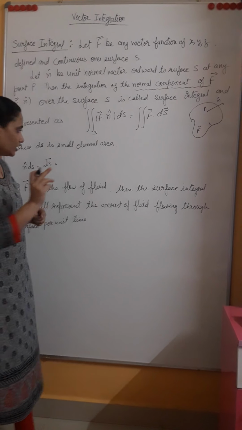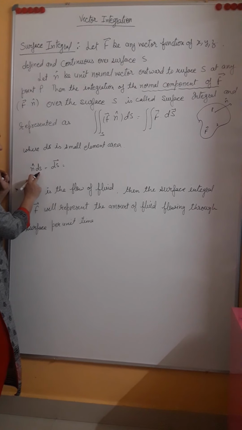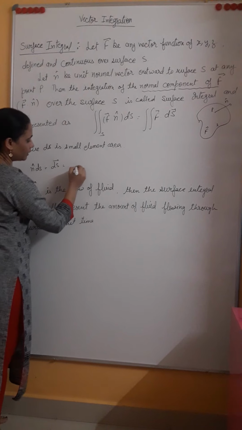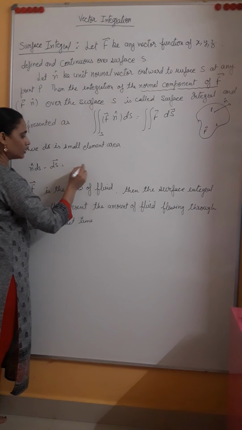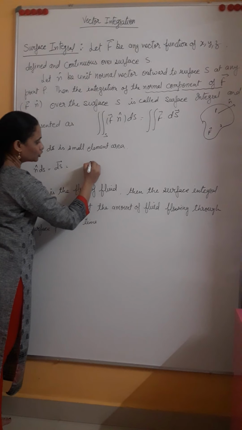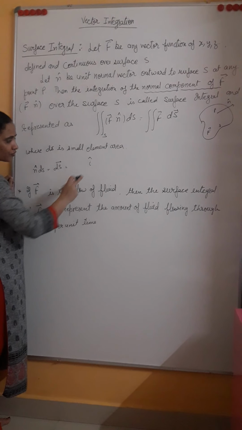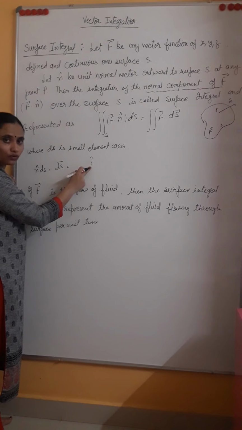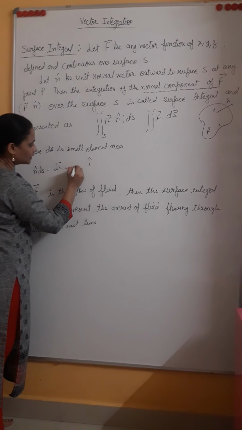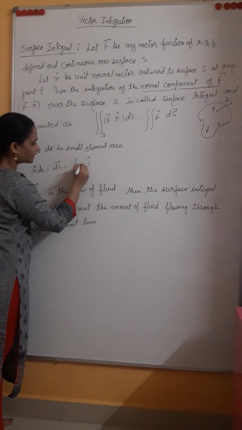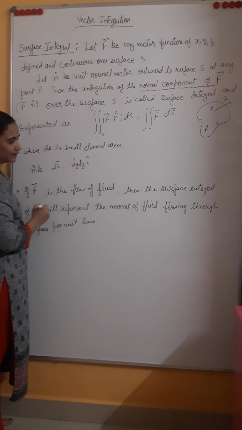So if I define n cap ds, let's start with i cap. I cap is perpendicular to the yz plane, and in the yz plane the small area segment will be dy dz.